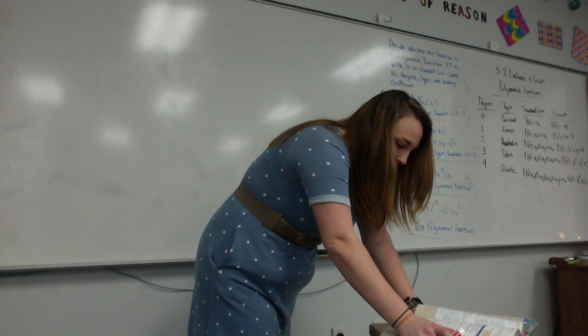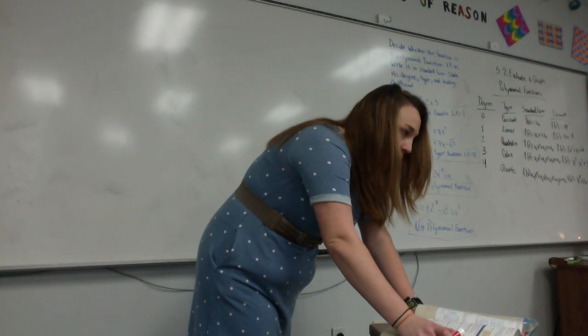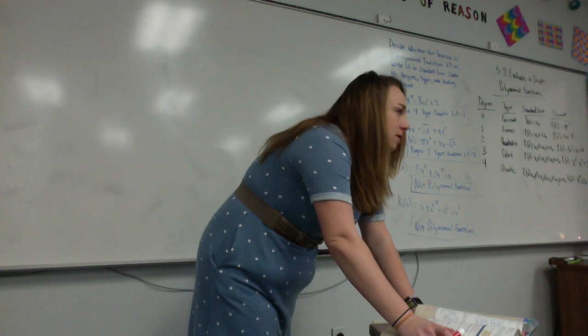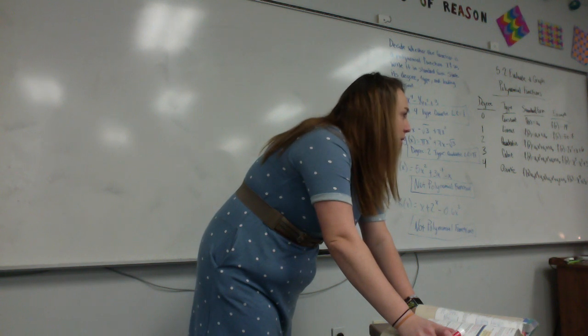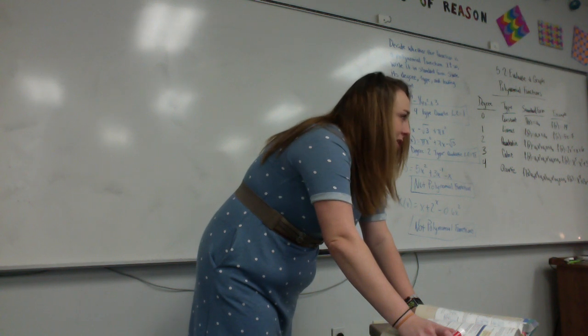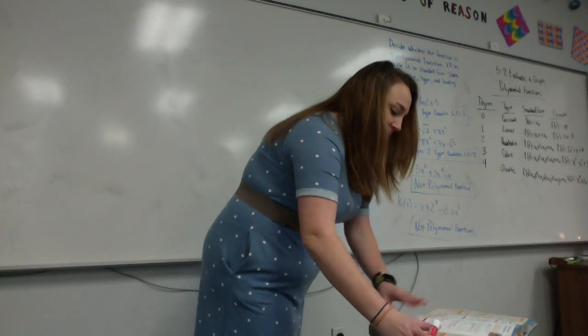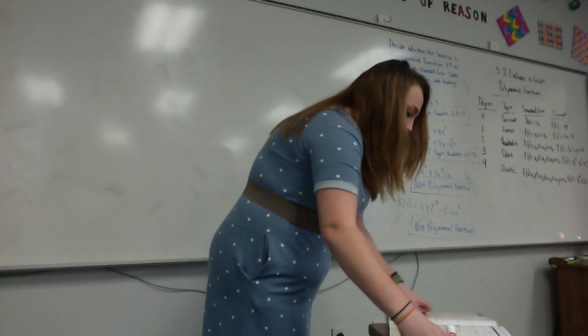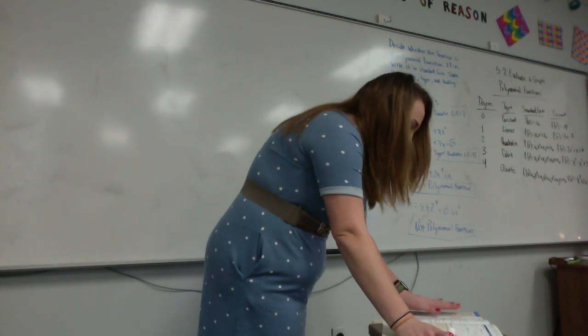Yeah, it has to just be a whole number. I can't have fractions because that means I'm taking a square root or a cube root of something. So if it was a fraction, it would still not be polynomial. Correct.